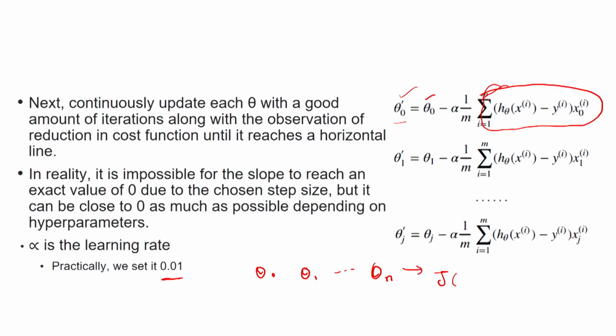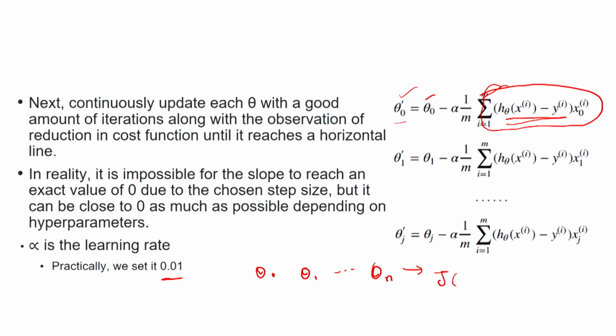If we have m instances, we are taking the summation over all these instances. This is nothing but the error term, so this error we are calculating for all the instances. After updating these parameters, we calculate the error for all the instances, and based on that we update the parameters again.